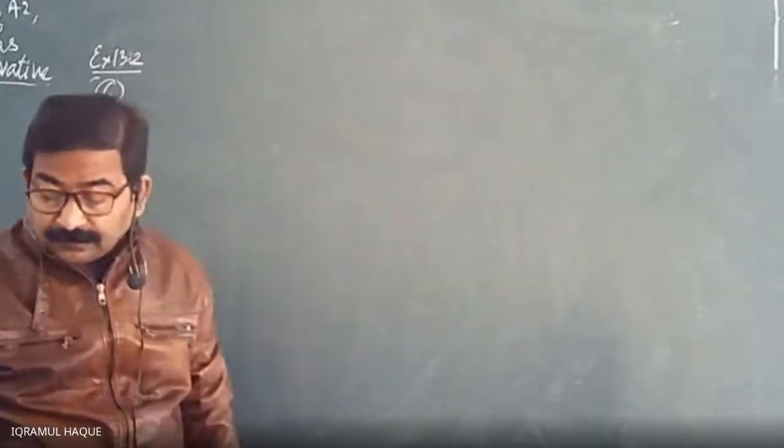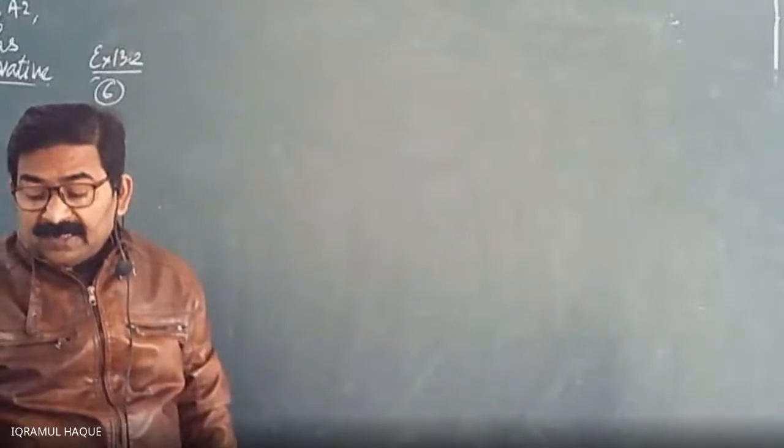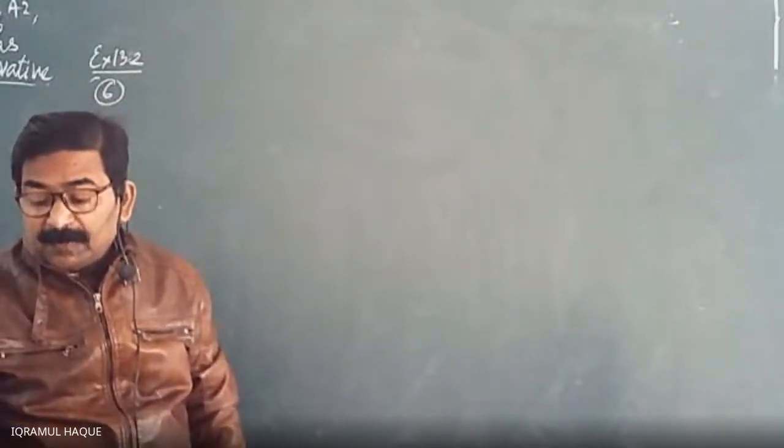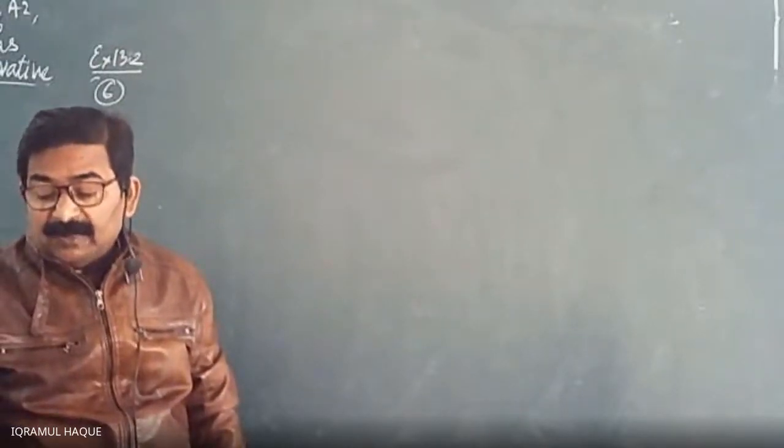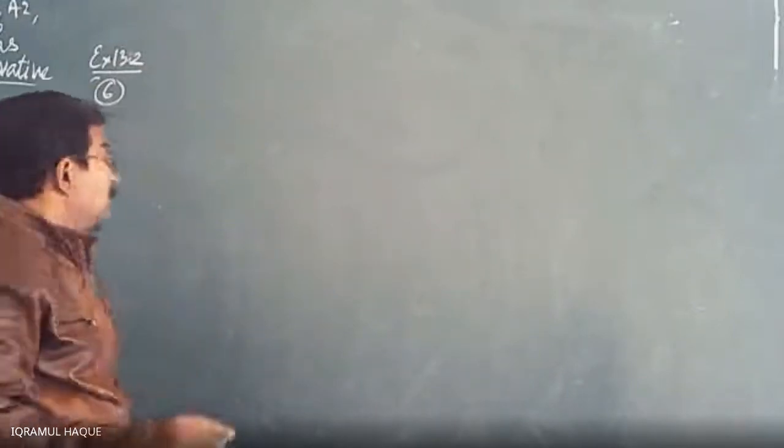Given, find the derivative of x to the power n plus a x to the power n minus 1 plus a squared x to the power n minus 2 and so on, for some real number a.